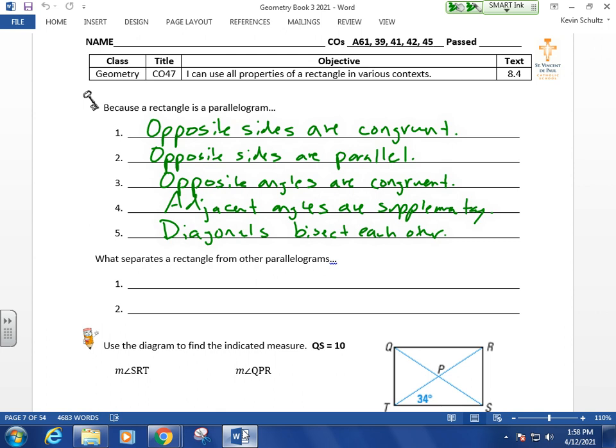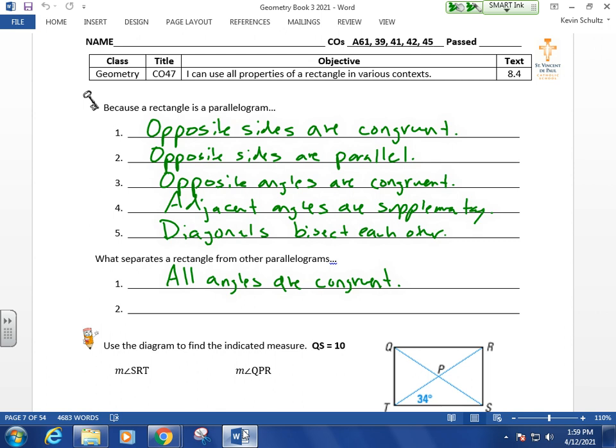Okay. What separates a rectangle from other parallelograms? So here's where it kind of differentiates itself. Chris said that all angles are congruent. Okay. Different from a rhombus, right? Rhombus, because it has those slanted sides, not all 4 angles are congruent.